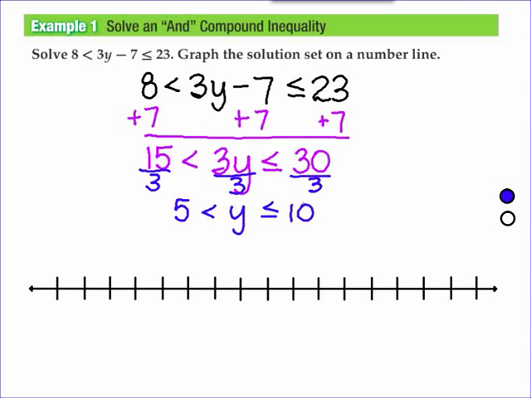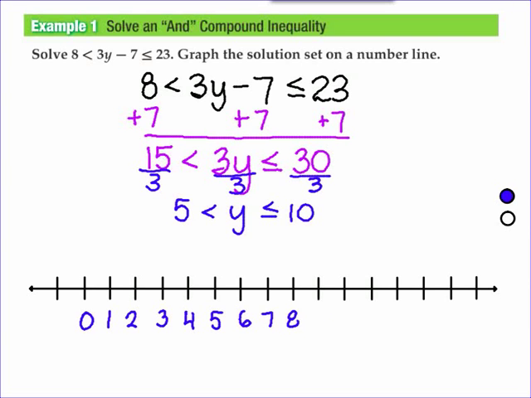Now this is actually a compound inequality. We could write this inequality with the word and. Remember, and means it has to be in both. But the nice thing about this is it already tells us what numbers we're using. What two numbers are we going to use in our solution? 5 and 10. Very good.